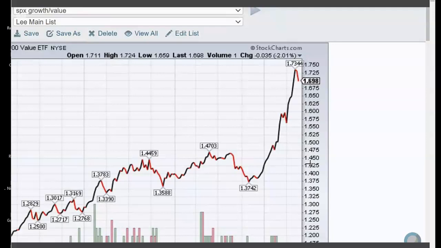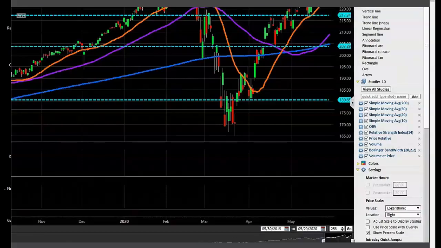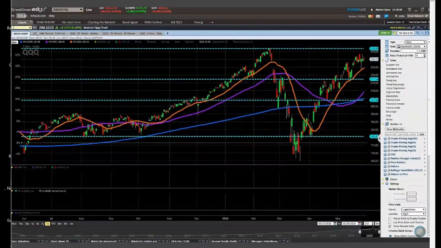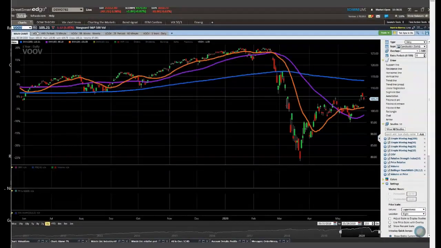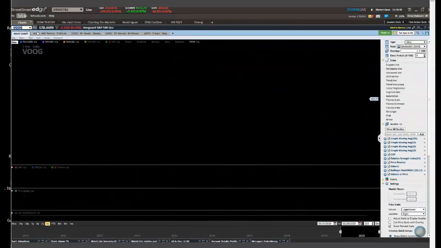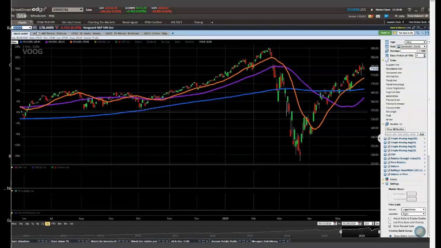And if you believe it, this is the tracking stock for the value stocks in the S&P 500, and you can compare that to the growth stocks in the S&P 500. You can see the difference. So I don't know. Same thing we were saying before, everybody's got an opinion in the market.